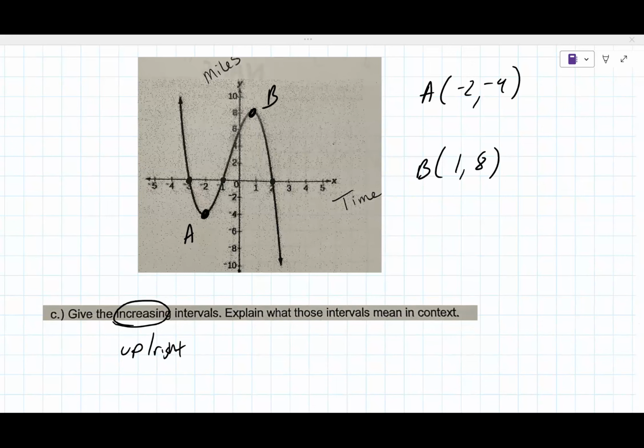Can you tell me in words where it's going up and to the right? What's going up is the left line. Try to use A and B in your answer.